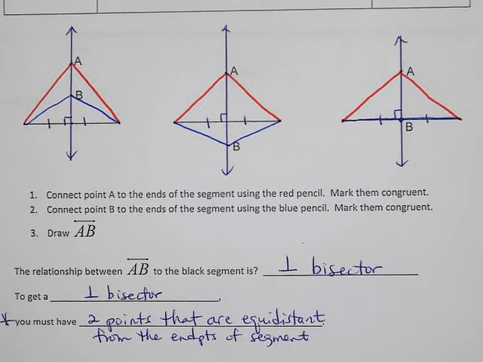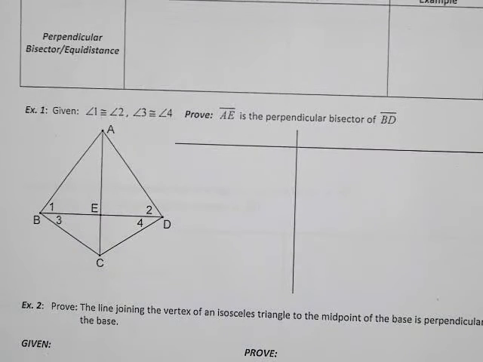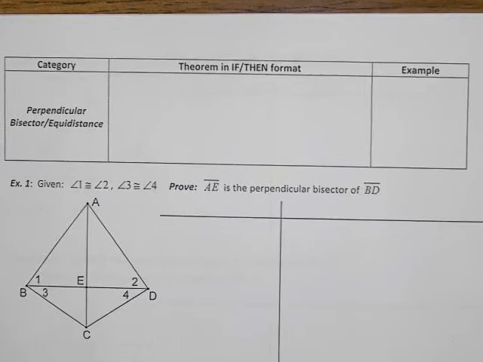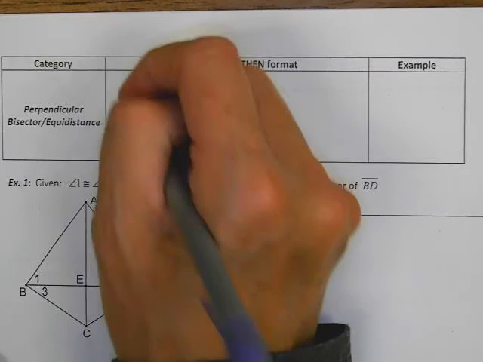All right, so let's turn the page and let's actually write that up as our theorem. It is the one theorem, good news, the only theorem we're going to work with in this lesson. So let's say it like this.